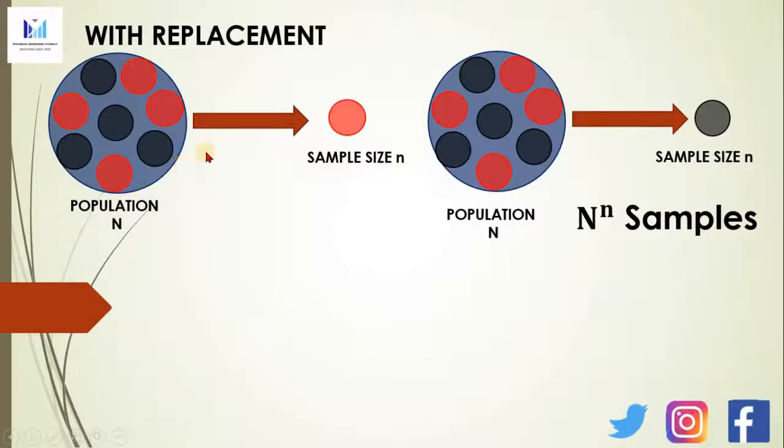Now if you see, from this population, say I have 4 red balls and 4 black balls. First a red ball is picked randomly from these total 8 balls. When the second picking is done, this red ball is put back into the population, and then another sample is picked, and this time randomly a black ball is picked. So in this case we can say there will be N raised to n samples.